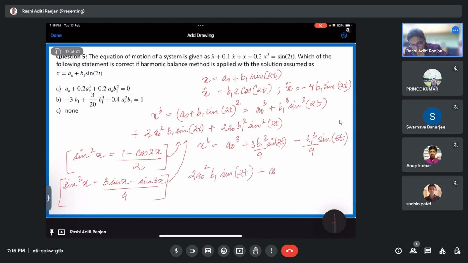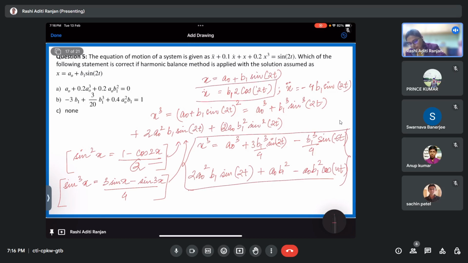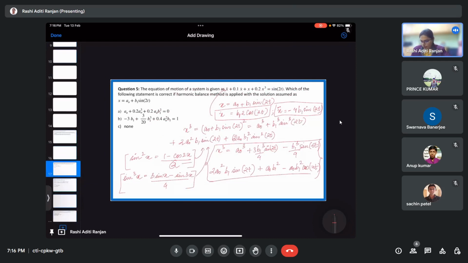Then I'll have plus 3 by 2 a naught b1 square, and then minus 3 by 2 a naught b1 square cos of 4t from here, isn't it? So I'll use these expressions in the equation. What am I going to get?